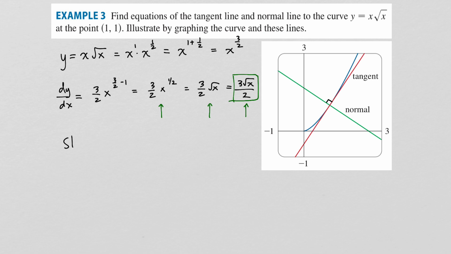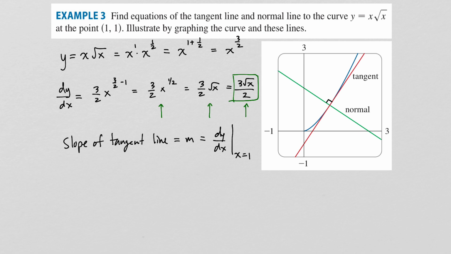So let's remember that the slope of the tangent line, which we'll call m, is nothing more than the derivative dy dx evaluated when x is equal to the x-coordinate of the point of tangency, which in this case is x equals 1, right? Because that's the point that they gave us up here.